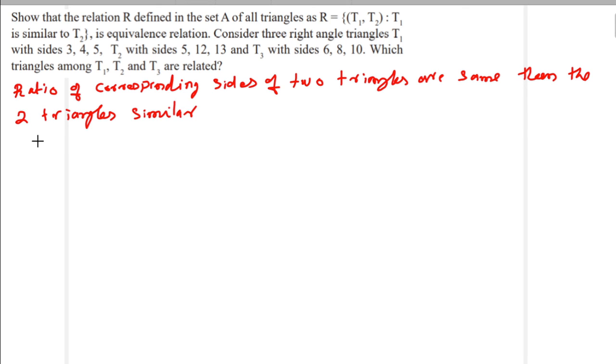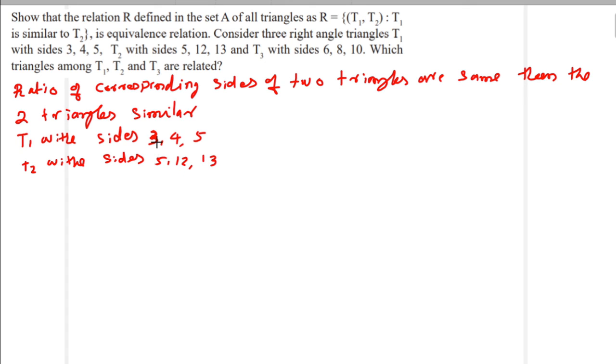So you take the first triangle T1 with the sides 3, 4, 5, and take the triangle T2 with the sides 5, 12, 13.